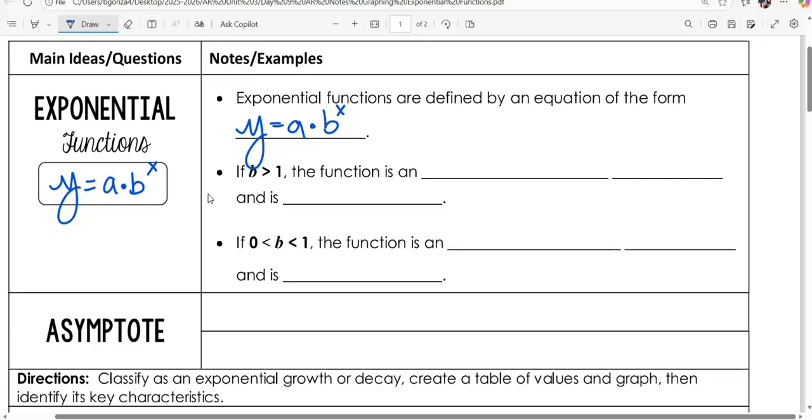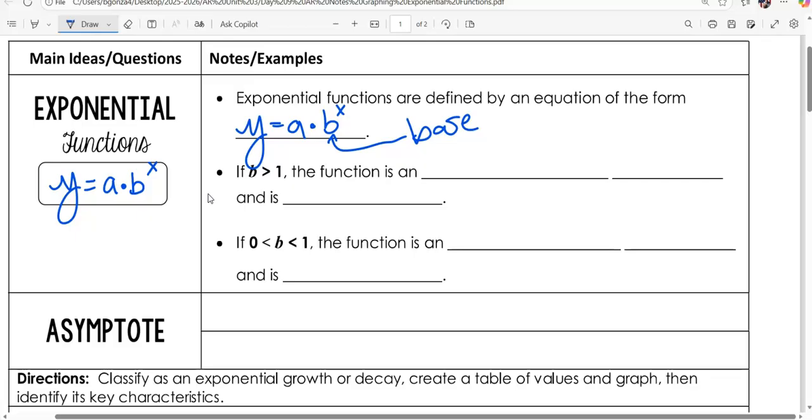Okay, now the second number, b, is the base. If b is greater than 1, that's what this little greater than sign means, we're going to write it down.